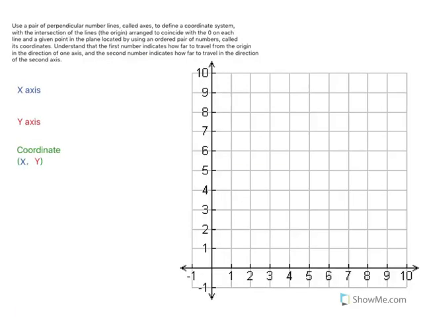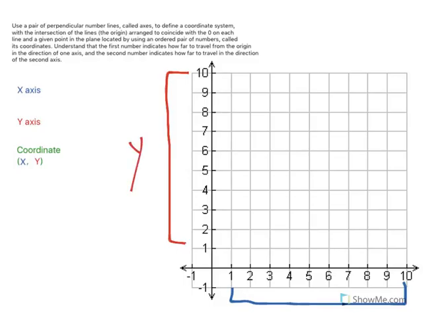So first what we want to recognize are the different axes and how to make a coordinate pair. So first we are going to label the x-axis, which is in blue right here. This is the x-axis. And then this is the y-axis.